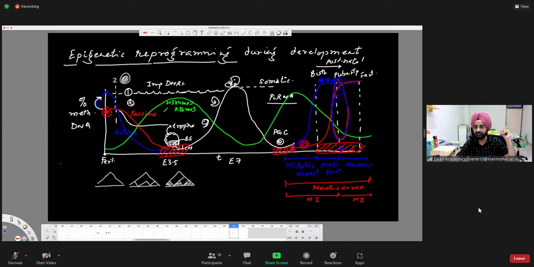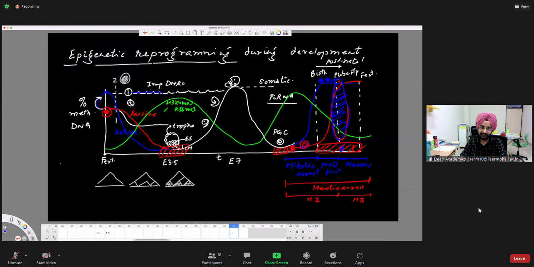And you get errors there, which means that something has happened to imprints, which is being further transferred to the next generation. Those errors are happening here, and those erroneous epigenomes will be inherited from this trajectory, right?